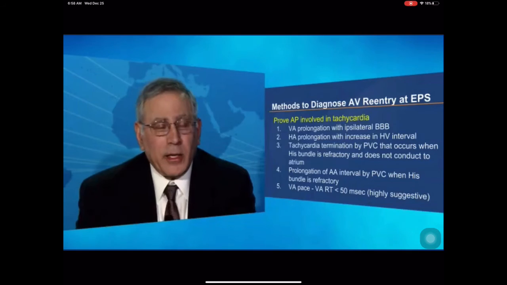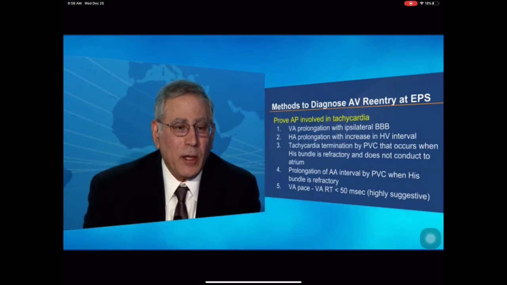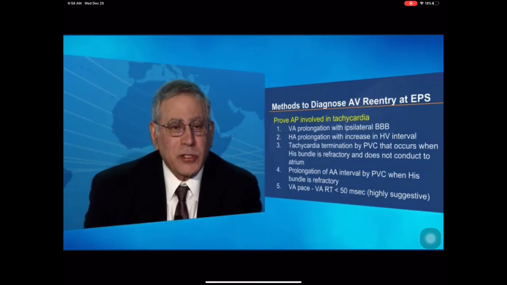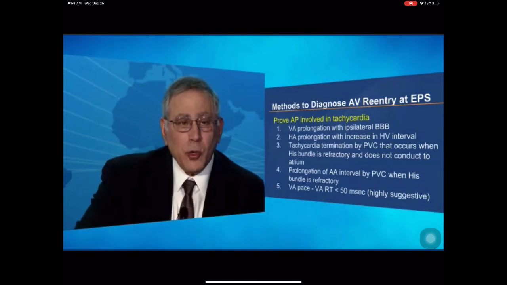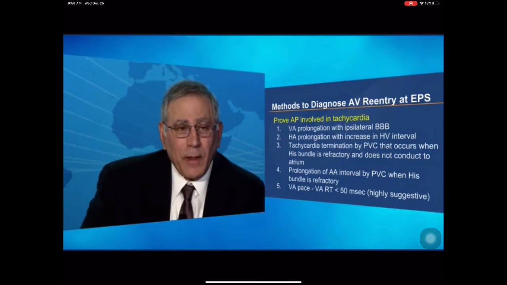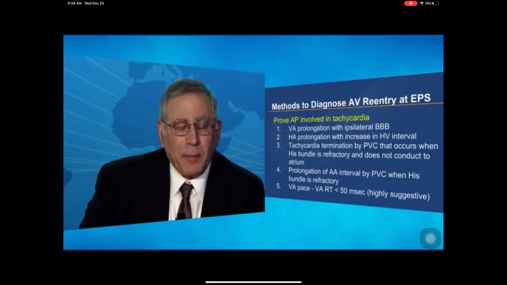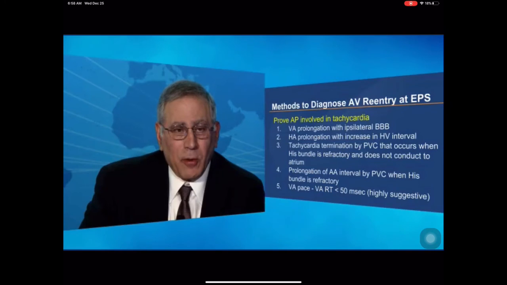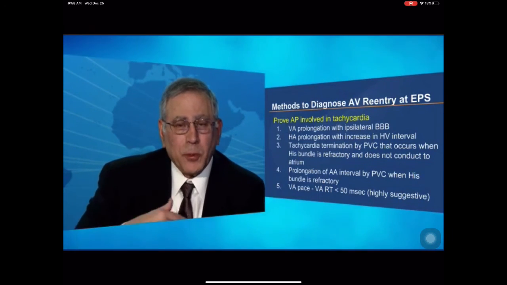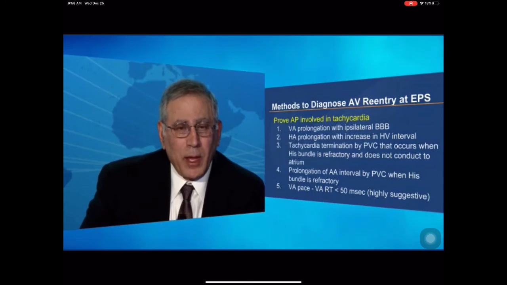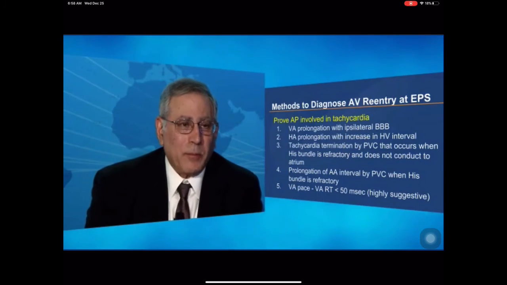And something that I didn't show you here but occurs with some of these funny long RP tachycardias: if you put in a PVC when the His is refractory, but instead of terminating tachycardia, you push out the AA interval, the only way that can happen is if there's an accessory pathway present, because it can't be an atrial tach, because you didn't get up the AV node, and it can't be AV node reentry, because you didn't get into the AV node. So if you perturb the PP cycle length, either bringing it in or pushing it out, it proves that a pathway's there and part of the circuit.